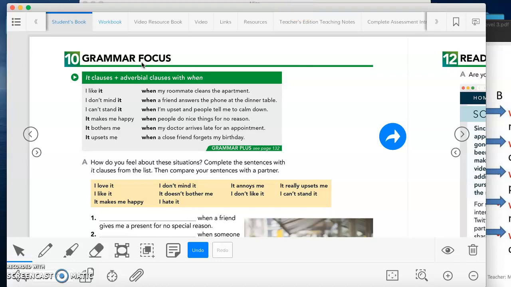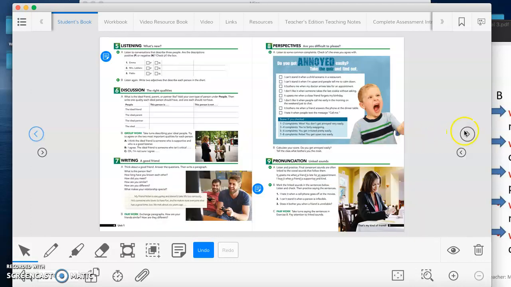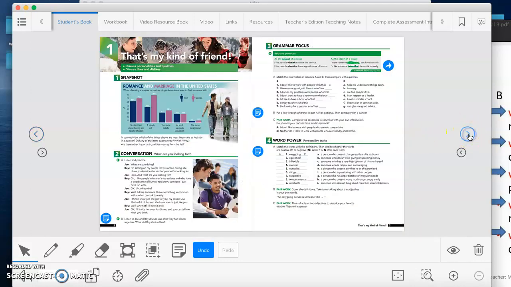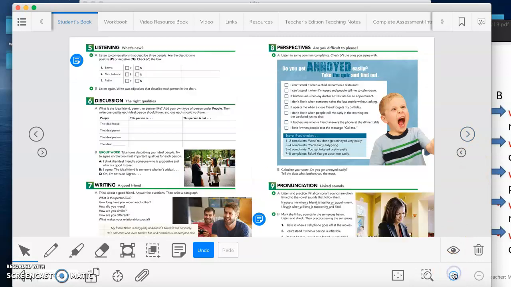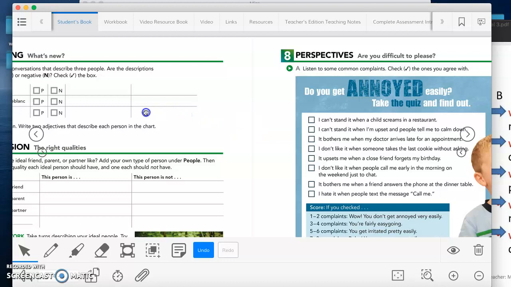We are going to start with something called it clauses and adverbial clauses with when. So for this, I am going to go back to this exercise. I would like you guys to tell me.